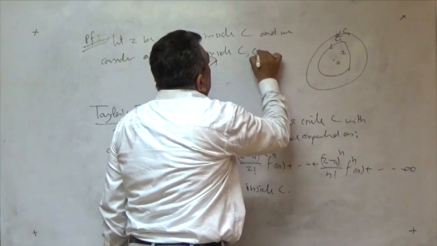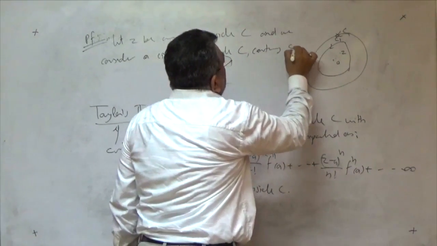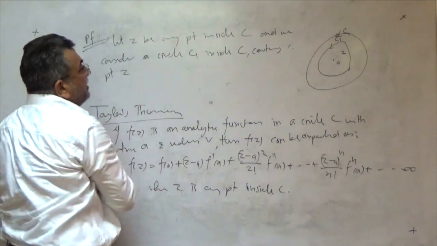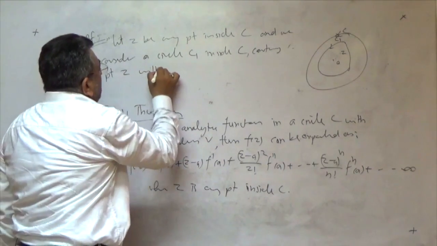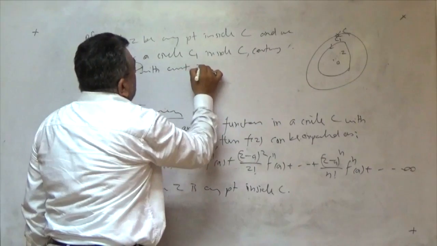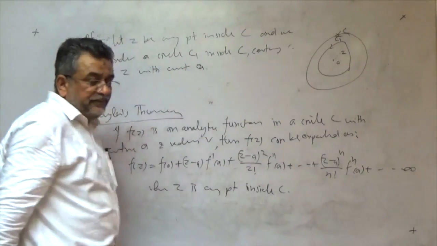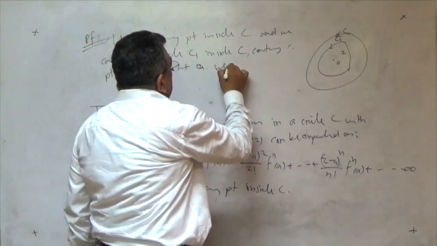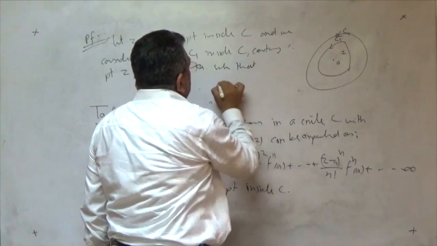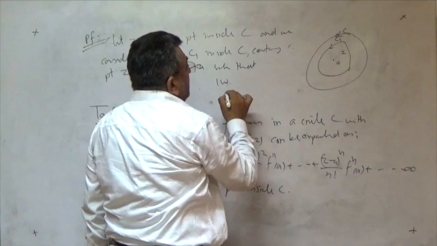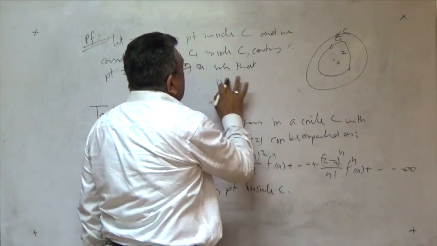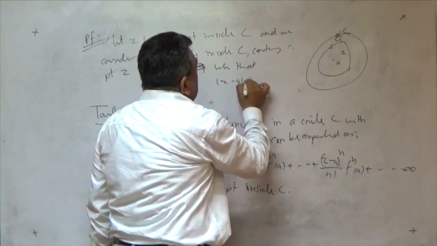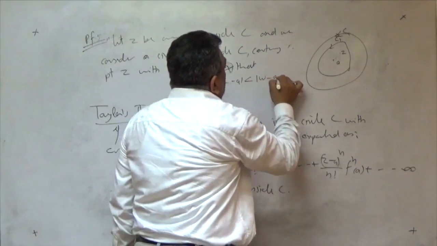and containing point z with center point a, right? Such that mod z minus a is less than mod w minus a.